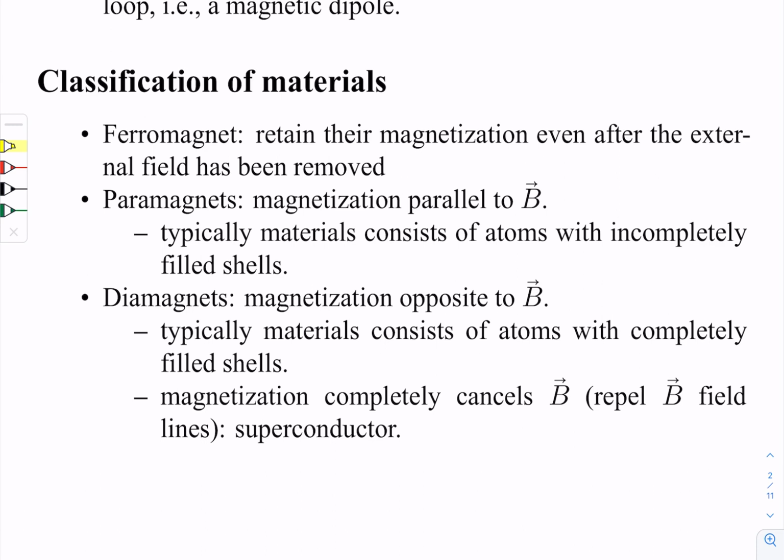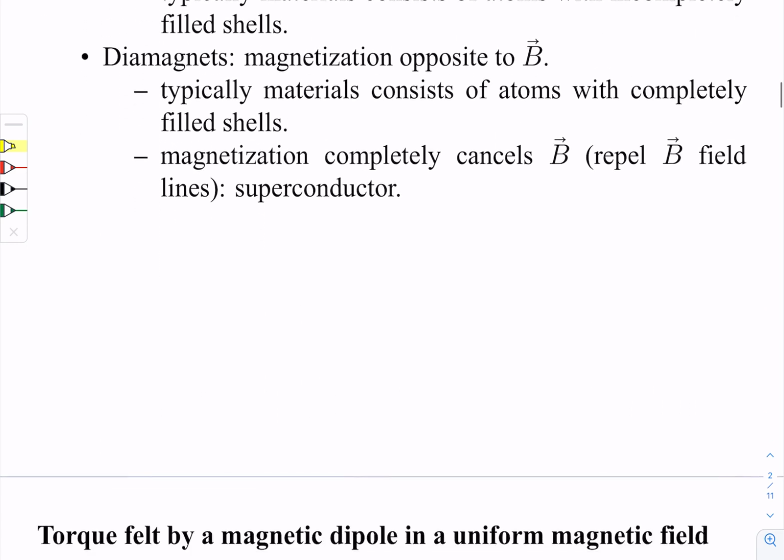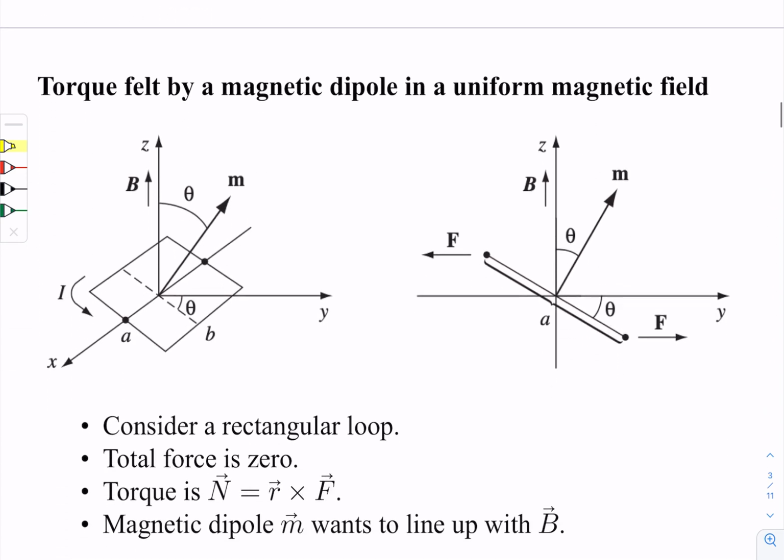So if you magnetize an iron, it will actually become a magnet, and this is the most classical magnetic object that we see in everyday life.